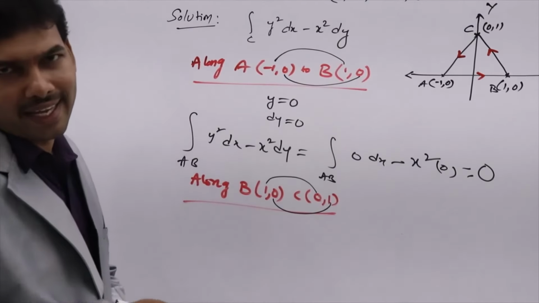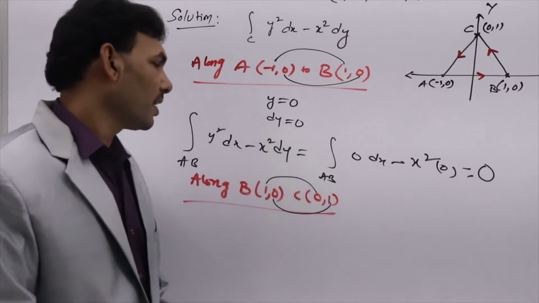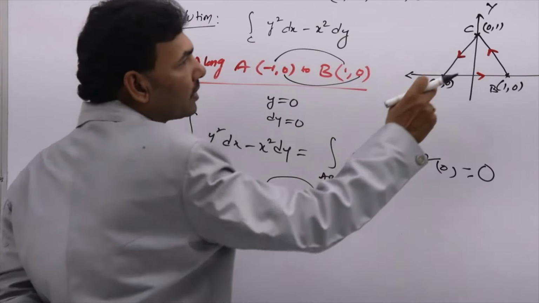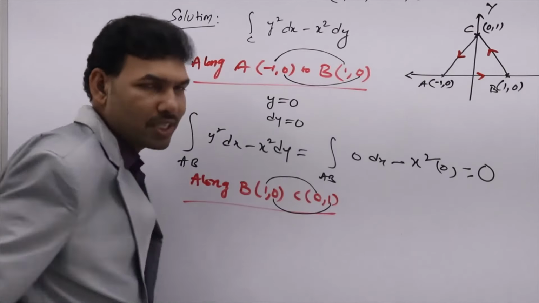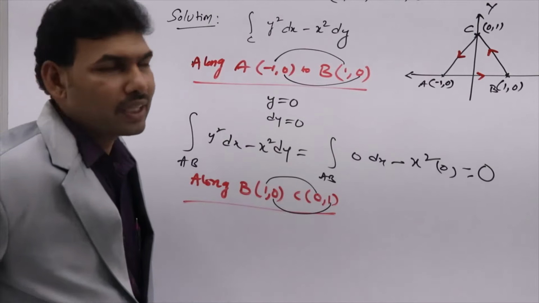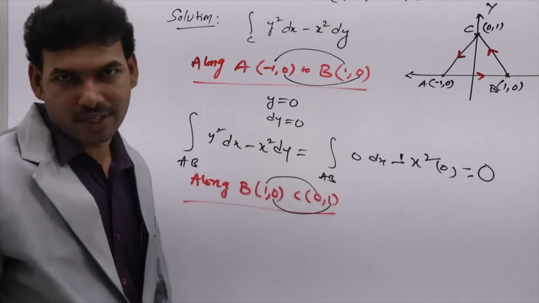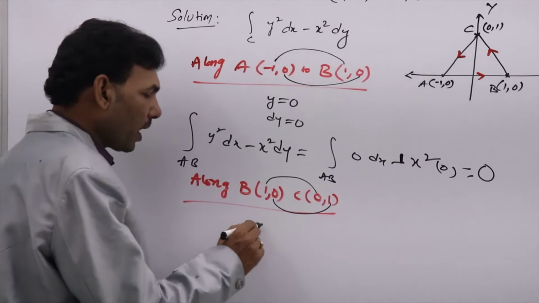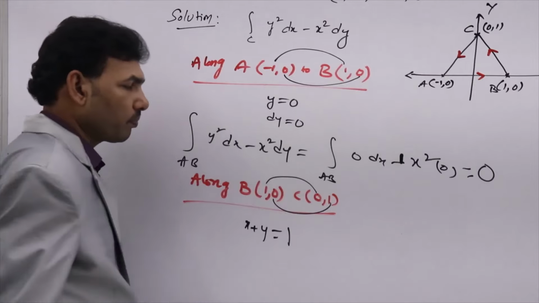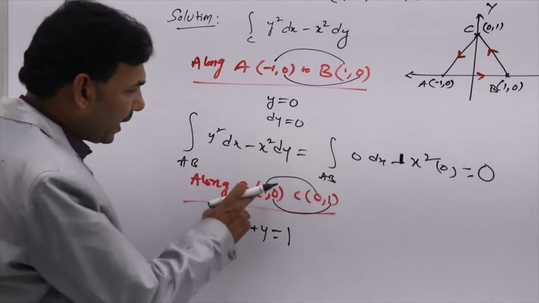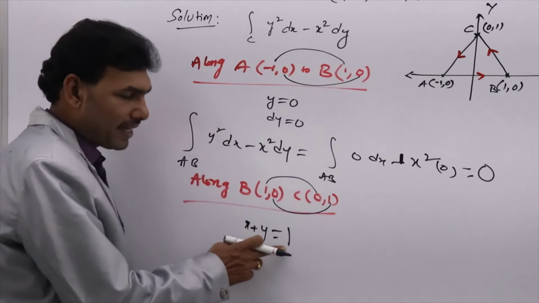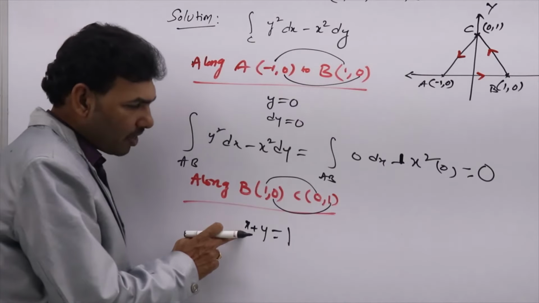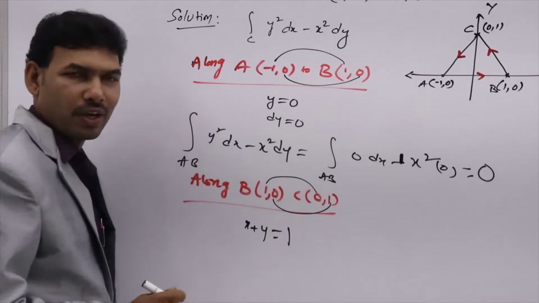When both are varying, you need to find the relation between these two. You need to find the equation joining B and C. That will be x plus y equal to 1. How can you say this? If you put y as 0, you will get x as 1. If you put x as 0, you will get y as 1.